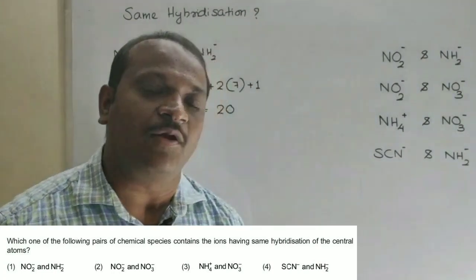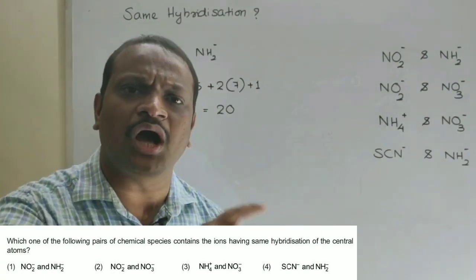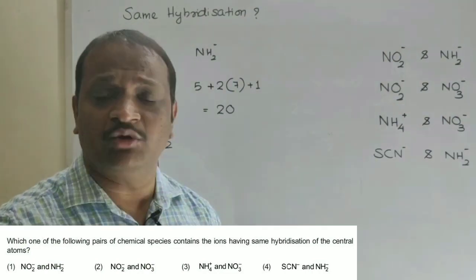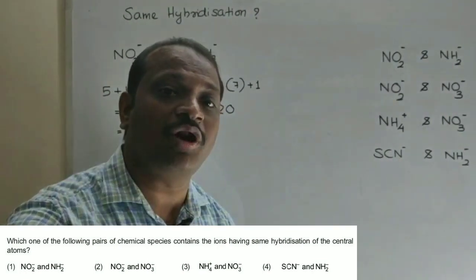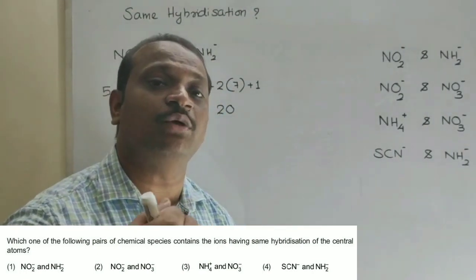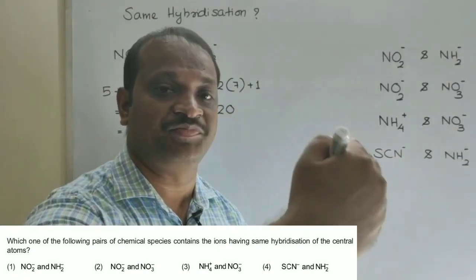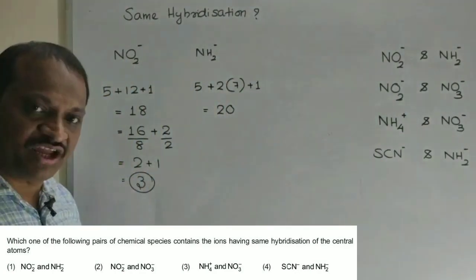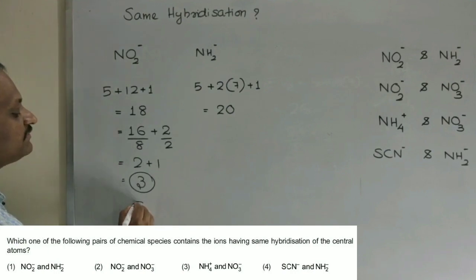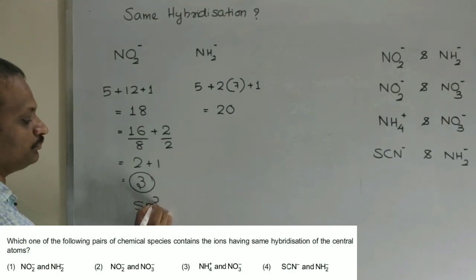Please try to understand, whenever you have steric number 2, hybridization is sp. When you have steric number 3, hybridization is sp2. Steric number 4, sp3. Steric number 5, sp3d, and so on. So here you have got 3 as the steric number, and hybridization is sp2.